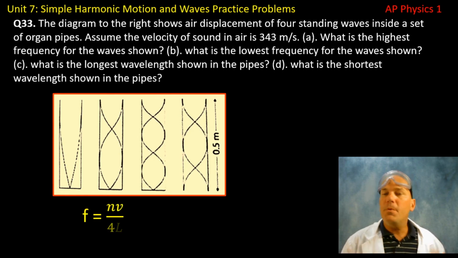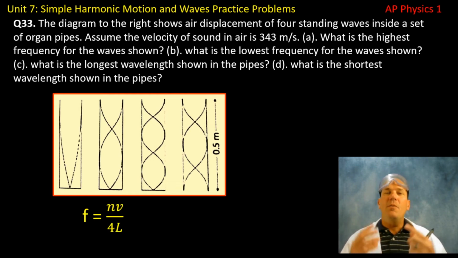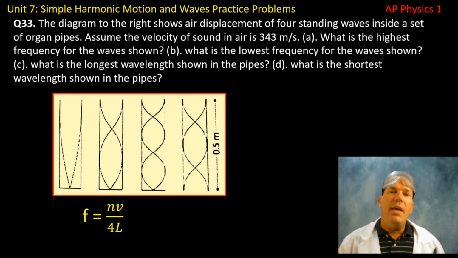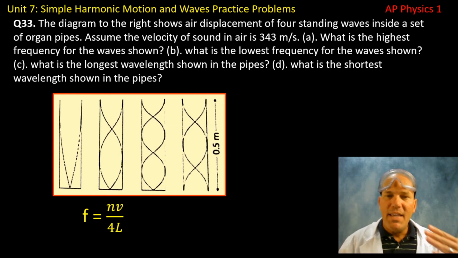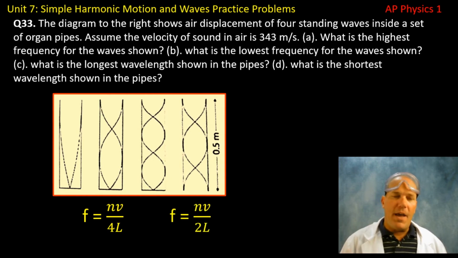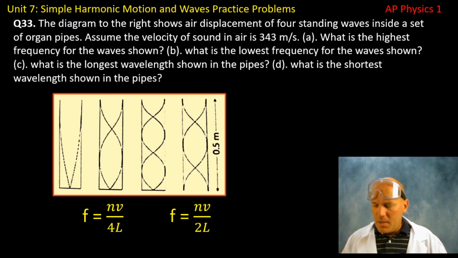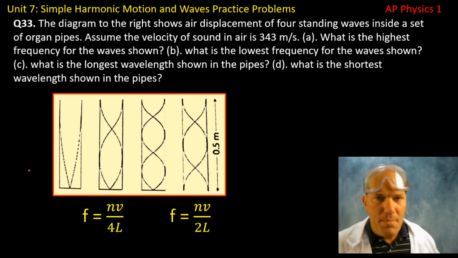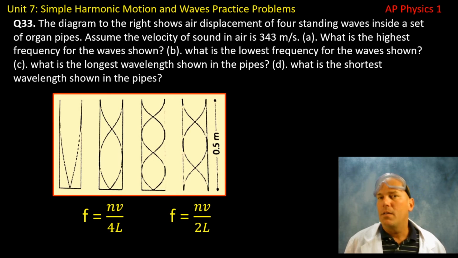In the preceding facts, we started to talk about harmonics in a column open at one end and columns open at both ends. So this problem is an application of that. For these first diagrams, from the left, 1, 2, 3, we have a column or pipe that is open at one end.